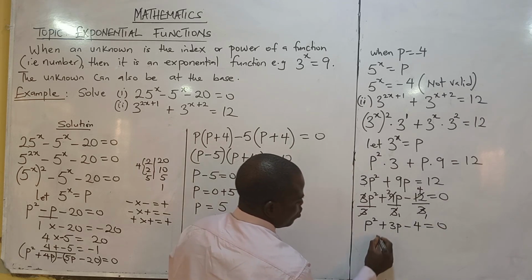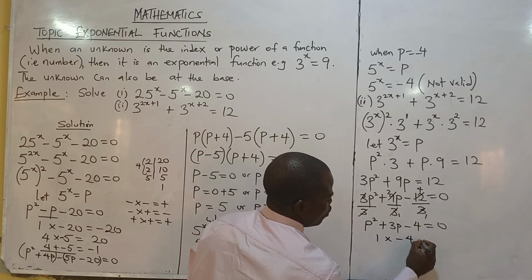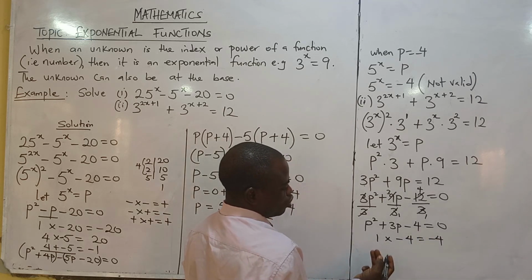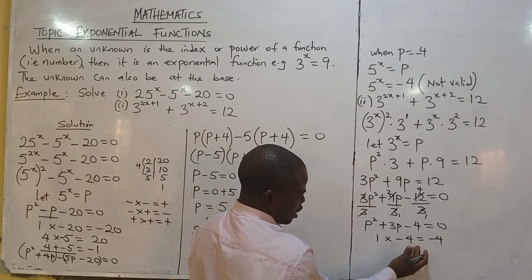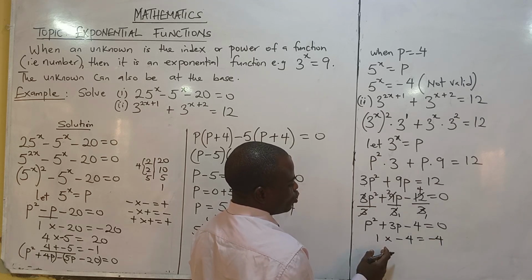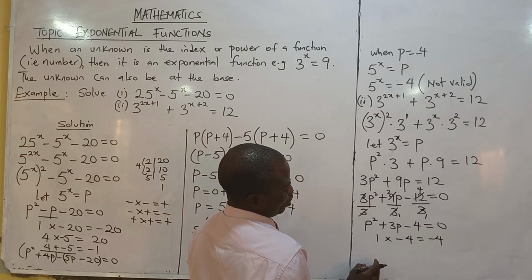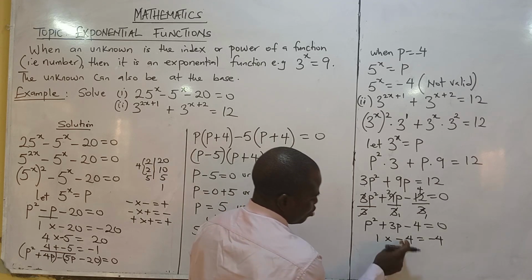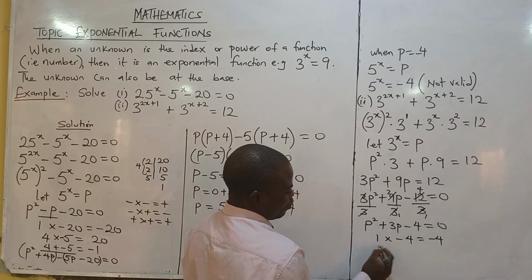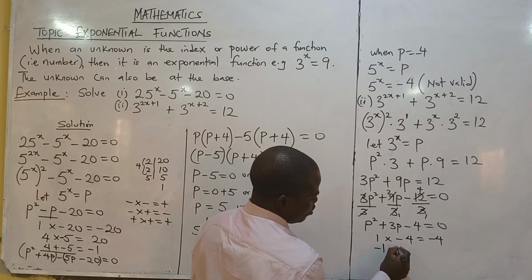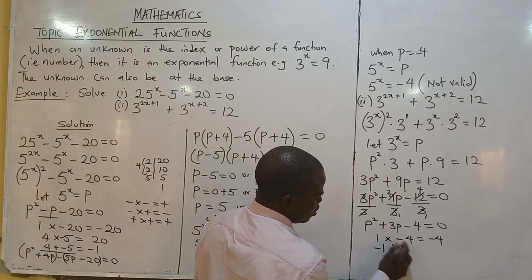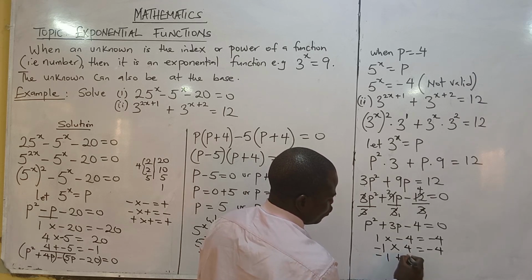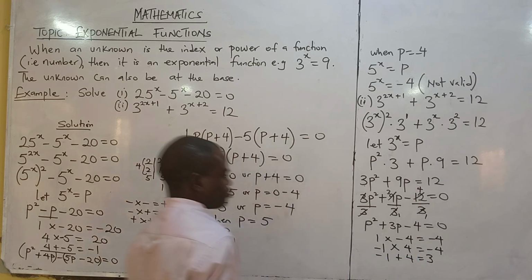There's 1 here, 1 multiplied by -4 equals -4. You now think of two numbers that when you multiply give you -4, and when you add give you plus 3. Since we're having the value to be positive, -1 times 4 gives you -4, and -1 plus 4 gives you 3.